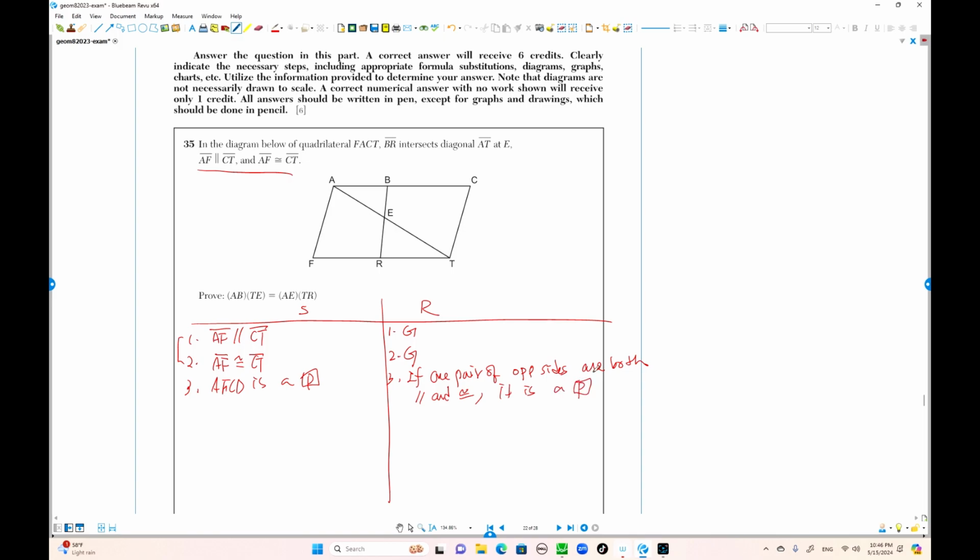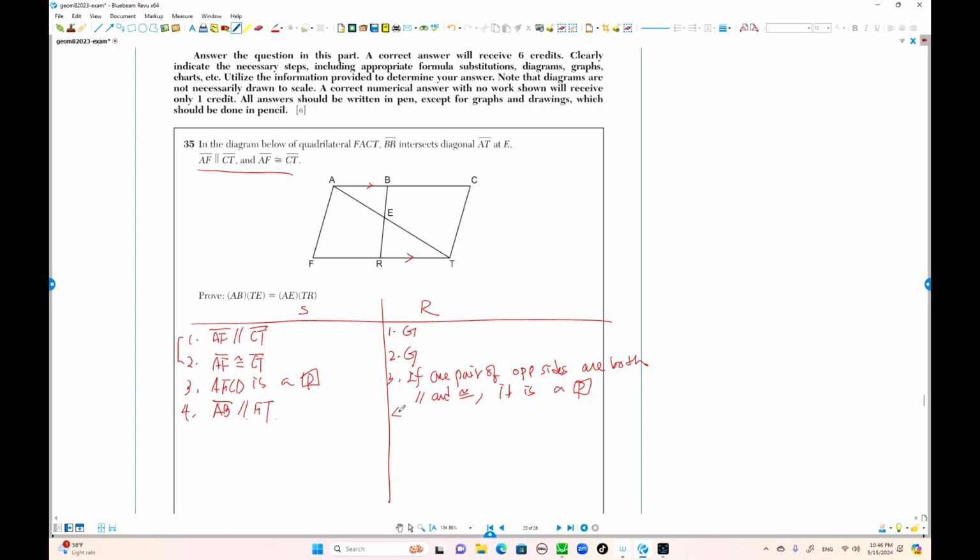Okay. The next one is a parallelogram. Opposite sides are parallel, right? So AB is parallel to RT. You can use this one, okay? Or AB parallel to FT. It doesn't matter, okay?